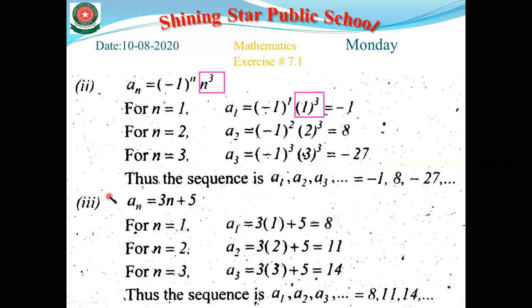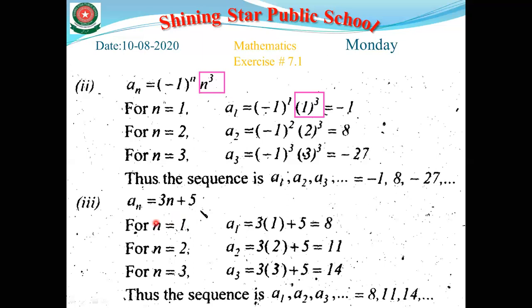Now let's start part number 3. an equal to 3n plus 5, and we have to find the first three terms. So that's why we put n equals to 1, n equal to 2, and n equals to 3.